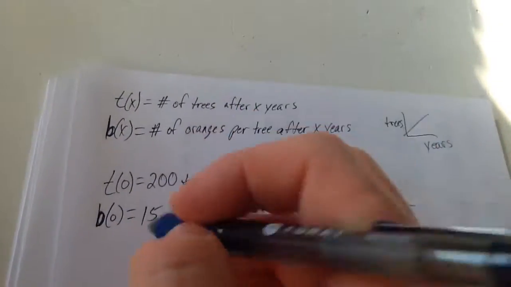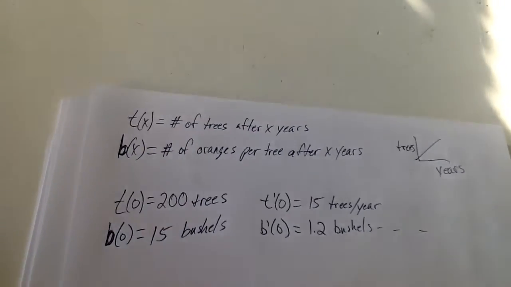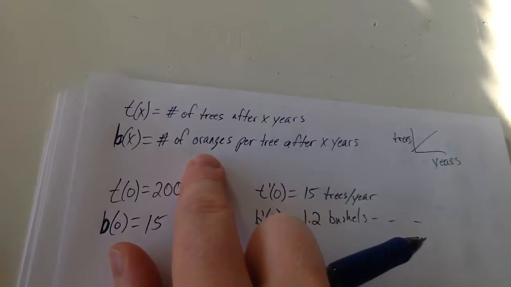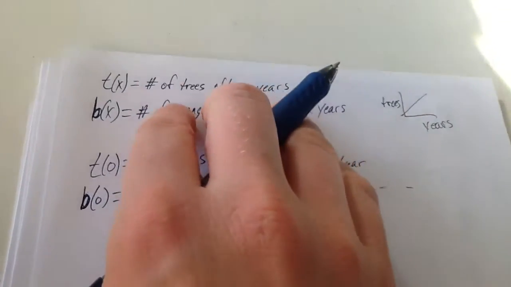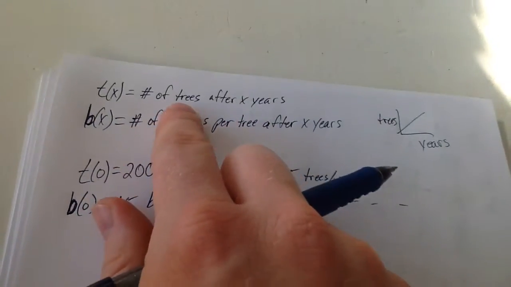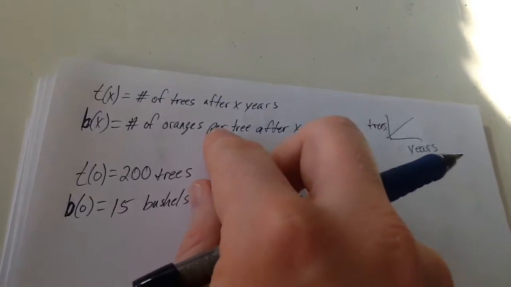Sorry. So our production, if we multiply, let's see, after X years, okay. To find out the rate of increase of the number of oranges, we just multiply these. This is the number of trees, this is the number of oranges per tree per year.